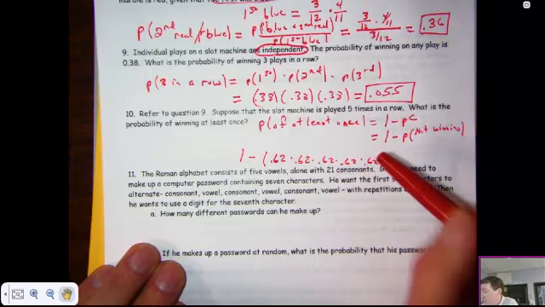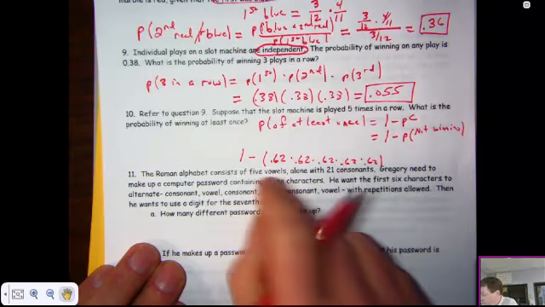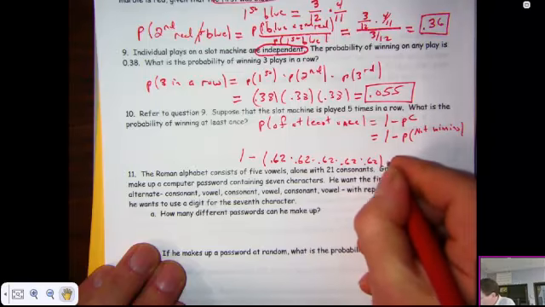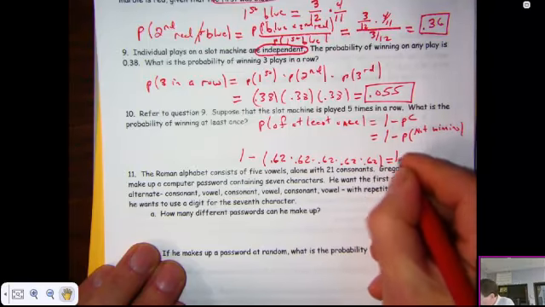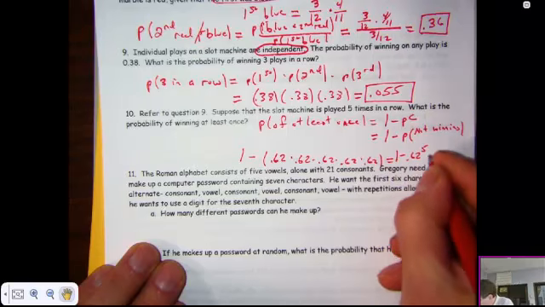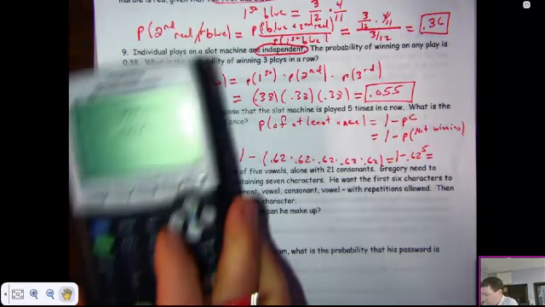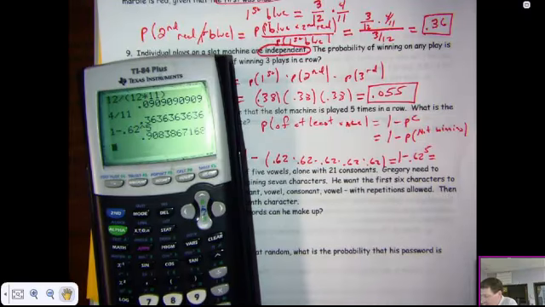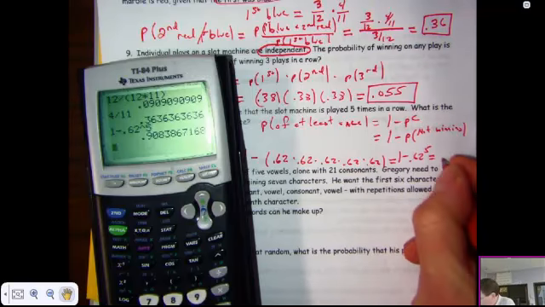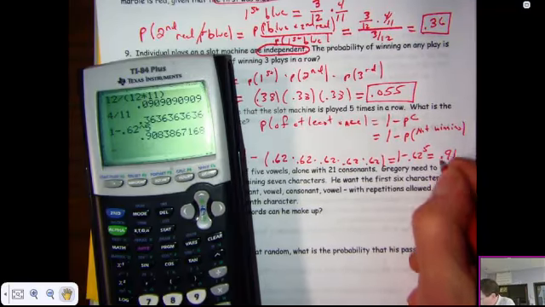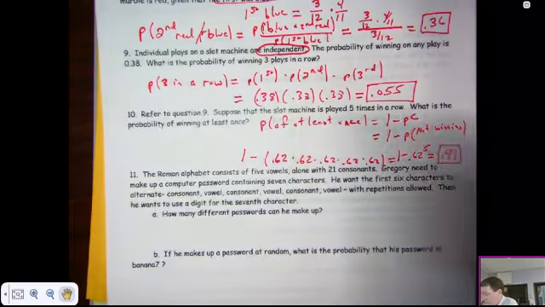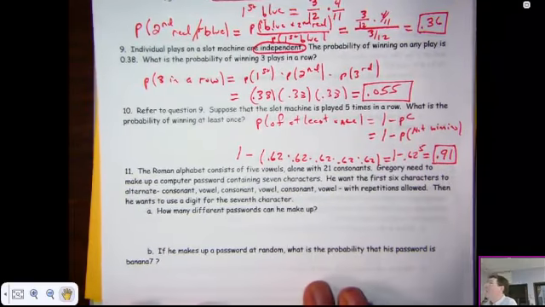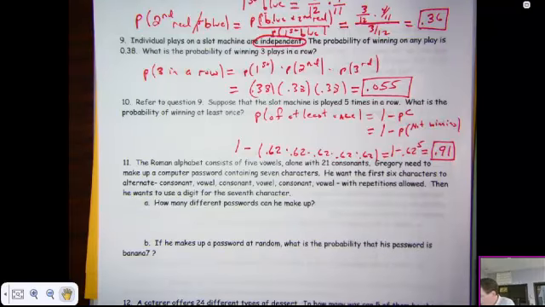They're independent events, right? Since they're independent, I can just multiply those together. So that's 1 minus 0.62 to the 5th, which is 0.908, about 0.91. So I have a pretty good probability of winning at least once if I play this game 5 times in a row.